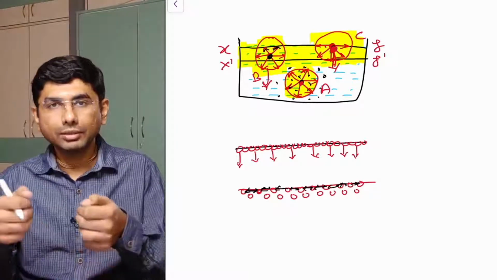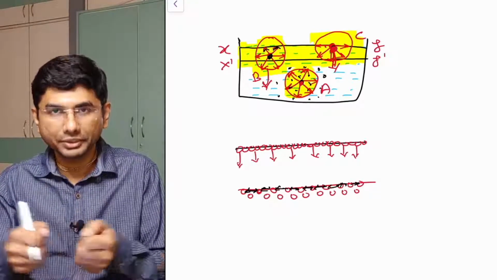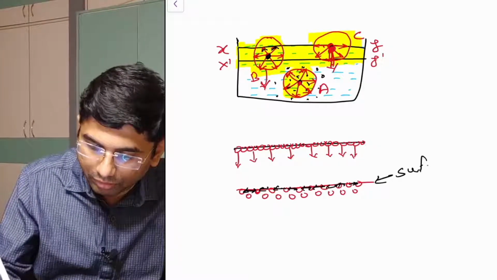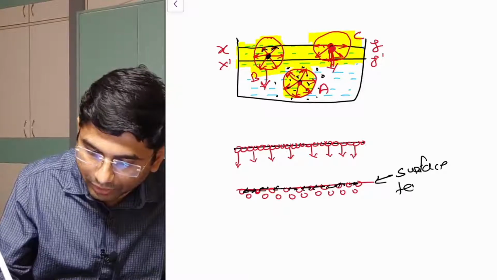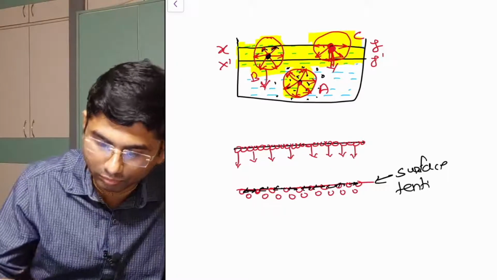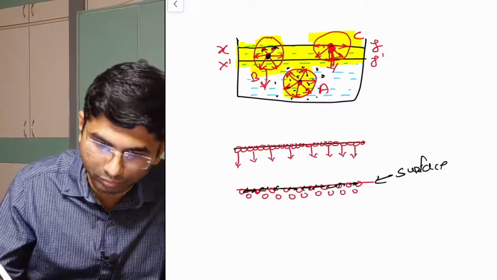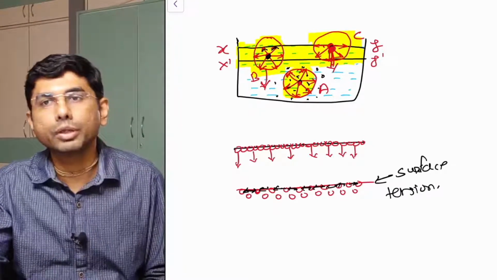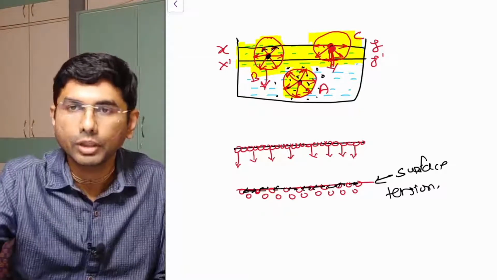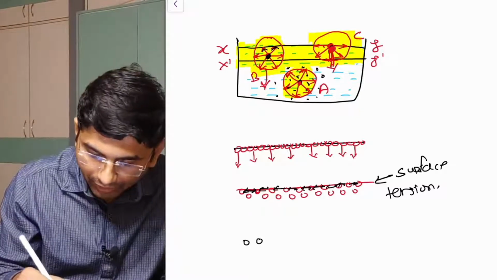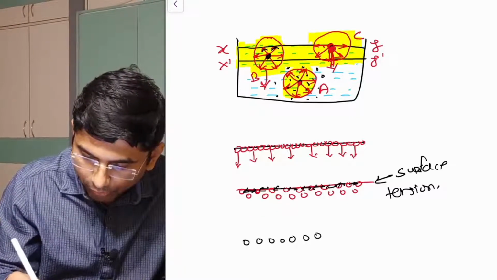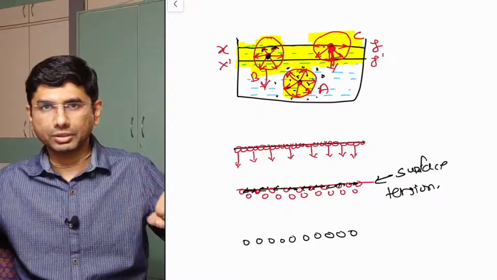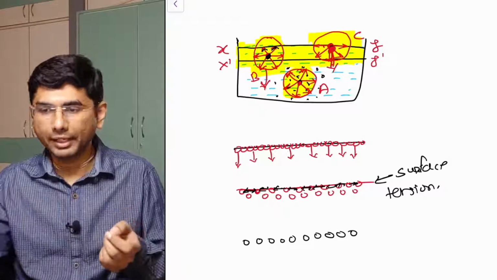That causes the surface to be stretched, and this results into surface tension. Now all these molecules are tightly bound to each other. The surface molecules are tightly bound, and there is force of attraction. They are kind of stretched.